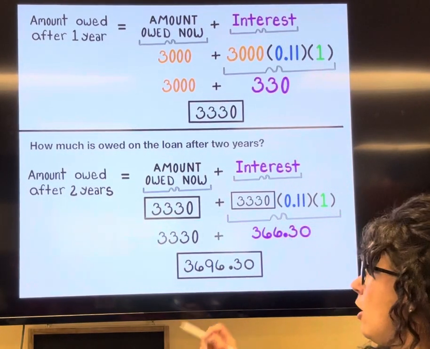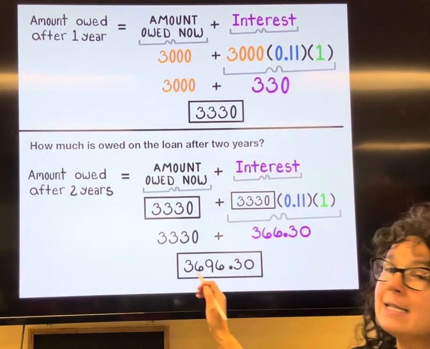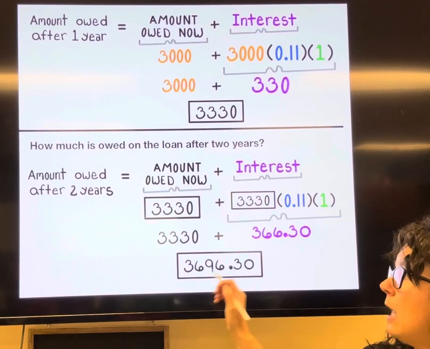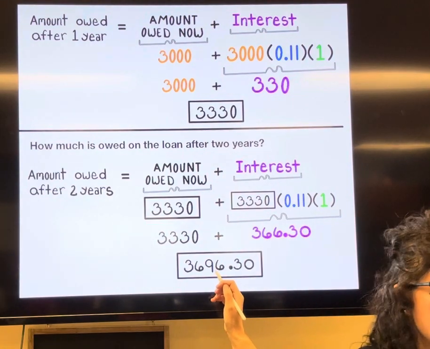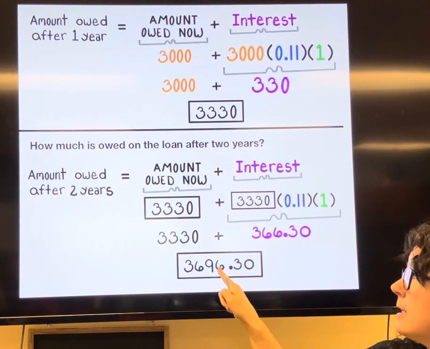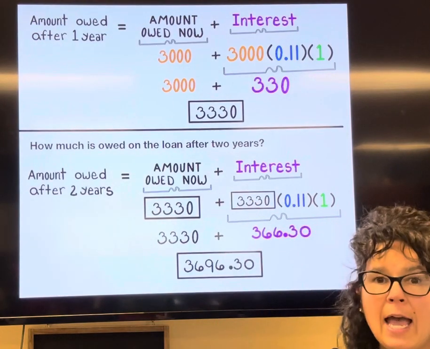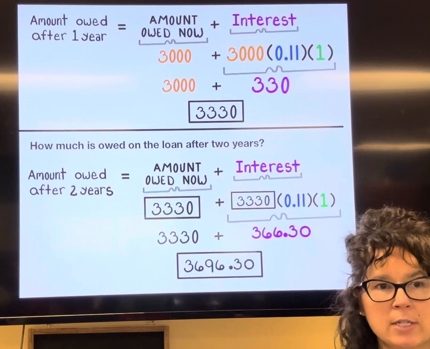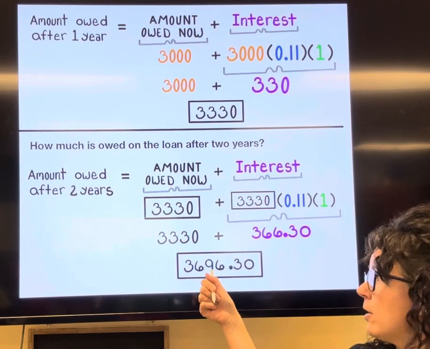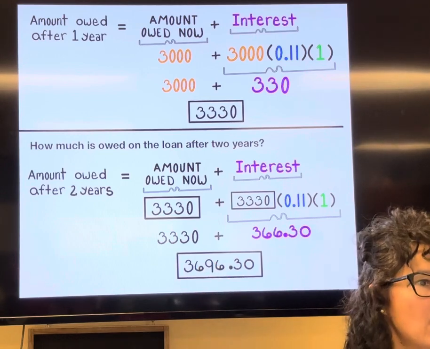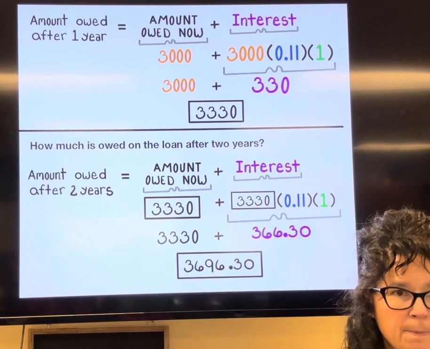You would just keep going and saying, okay, let's start with this amount of money, and it'd be this plus the interest on this money, which would be this number times 0.11 times 1, and I could add on the next bit of interest, and you just keep using the number that you owe at the end of that amount of time.